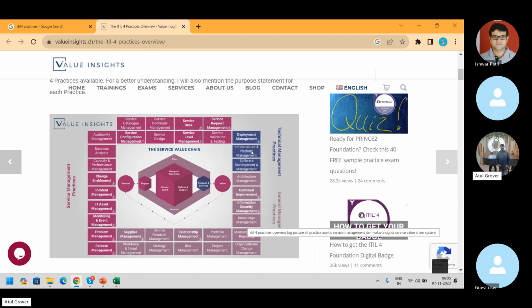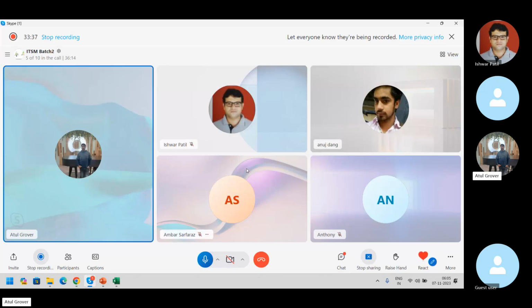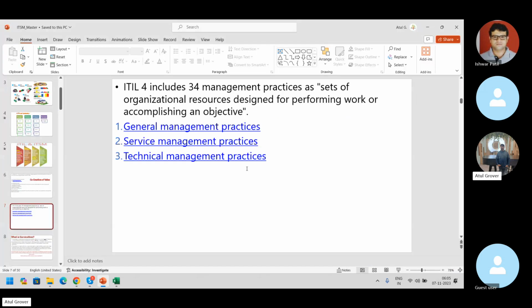Infrastructure and platform management: who will manage my platform? The customer says I'm busy giving requirements in my own business, I need someone who can manage my platform. So this comes. And finally, software development and management. These are the practices which are part of the 34 practices given by ITIL to us.